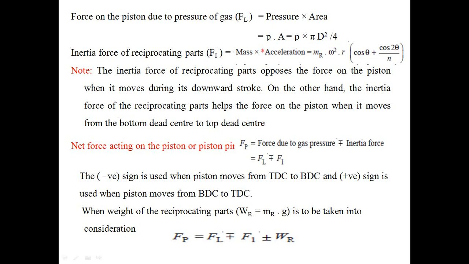I am not writing the expression of how it comes, because it is already discussed in your theory of machines chapter, where it is important for the derivation aspects. Here only numerical aspects are required, so that's why I am directly using this relation.